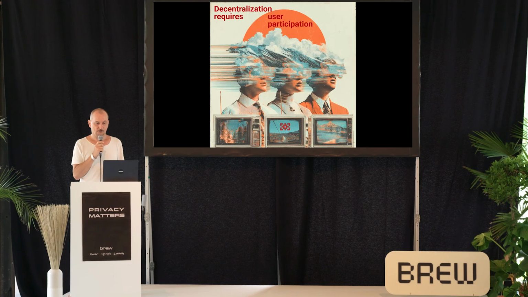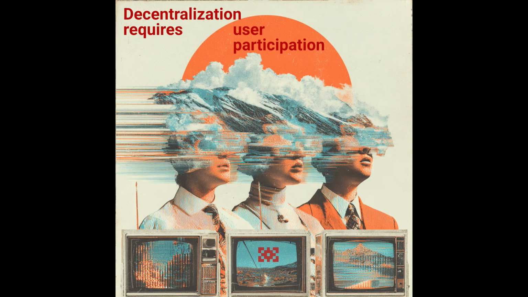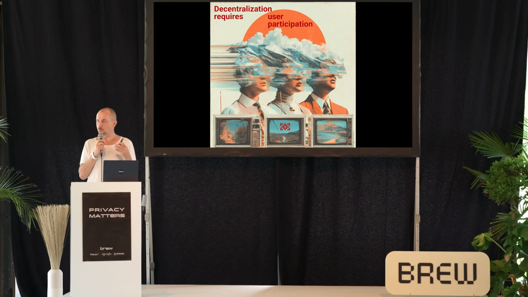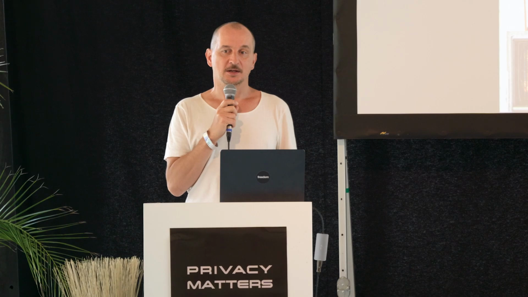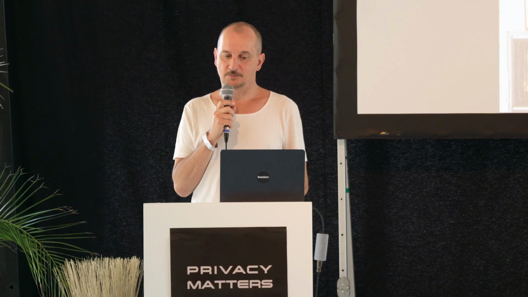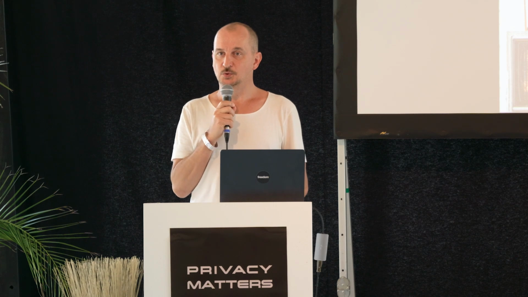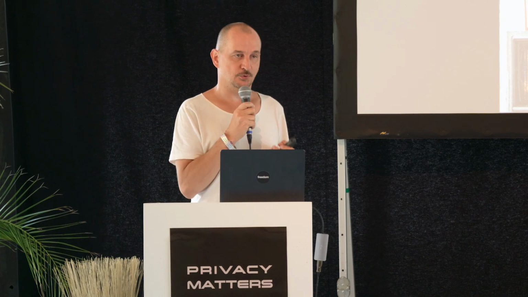So, Freedom Browser. Just as the initial premise, decentralization is great, and there's a lot of decentralized technology out there, and it's been working for quite a while. But it requires user participation. So users need to be part of the decentralized networks and also make, let's say, informed choices to use decentralized protocols.